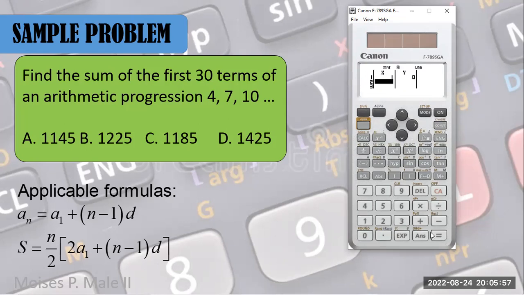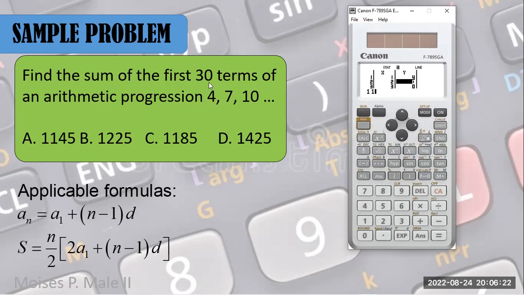So, 1, 2, 3. Okay. So, for the first one term, so the sum is 4. For the first 2 terms, the sum is 7 plus 4 is 11. Yun yung input nyo. Kasi sum na yung quadratic yung ginamit nyo. So, you need to input the sum.